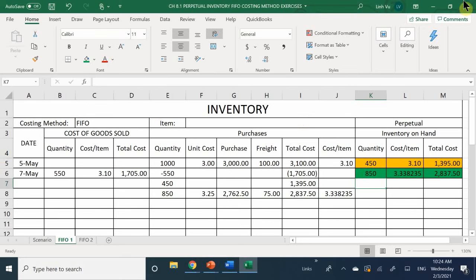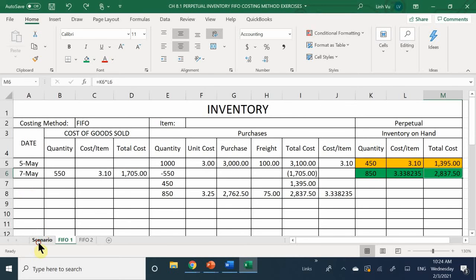The only place you can use the fill tool is right here, because as you keep progressing in your inventory worksheets, this formula will be the only one that's going to stay constant. This one as well, but remember, we're skipping around because we have dates involved. So you can't use the fill handle tool to make your calculations easier. You're going to have to manually punch them in every single time.